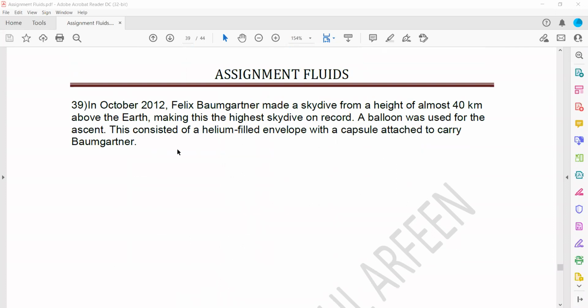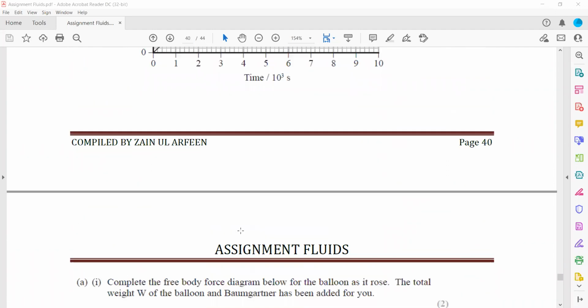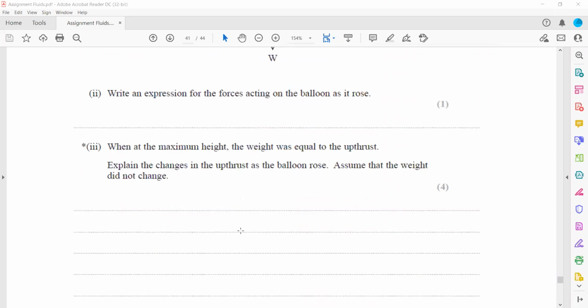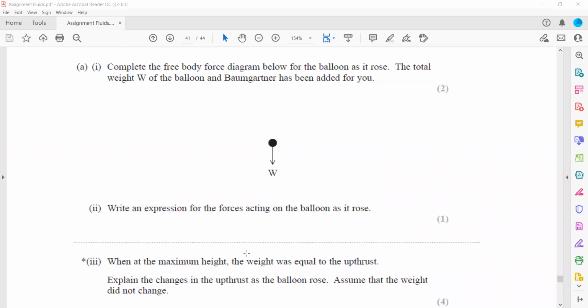In the question they did not specify that it is accelerating, so we can consider that the forces are balanced. Initially the upthrust is more than the weight and the drag force, but once upthrust balances with the weight and drag, it reaches a terminal speed or a constant speed.